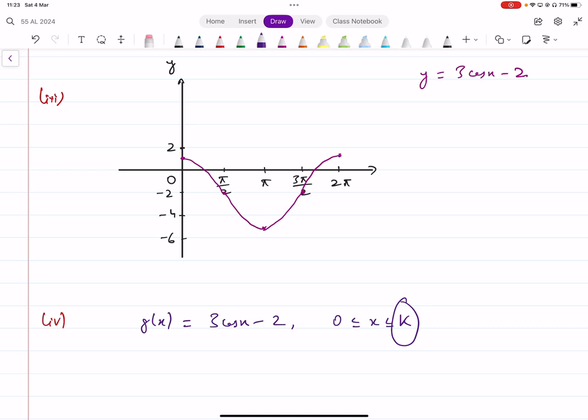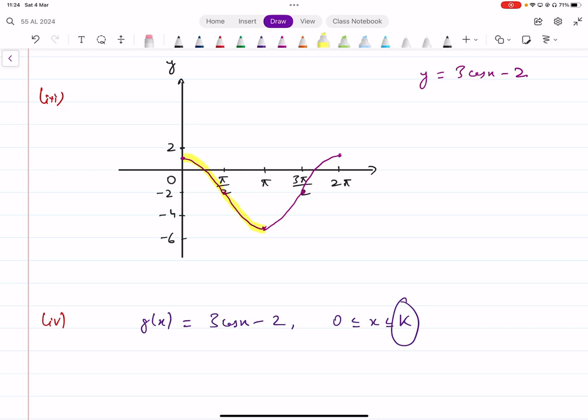You're basically looking for a value of k for which the function would have an inverse. When does an inverse exist for a function? When it's a one-to-one function. Now you're starting from 0. Starting from 0, how far can you go such that this function would have an inverse? You can keep going on until the turning point.